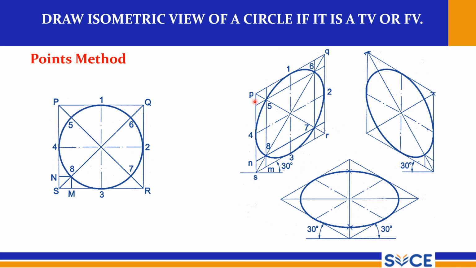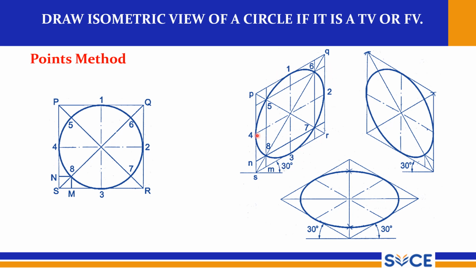For all the corners you can repeat the same procedure, and you can get these points 5 6 7 8. So 1 2 3 4 are on the sides, so the midpoints you can directly mark. Then you can connect them using French curves, very fine curves you can draw, and you can get this ellipse.